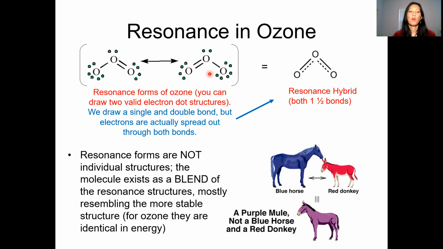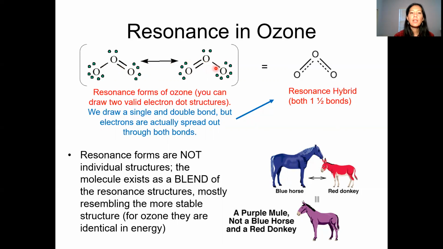The thing is, though, these actually don't exist. And I know that's a little hard to understand because I just drew it and they're valid Lewis dot structures. But remember the data that I just showed. We never see a single and a double bond. We never see one or the other. What we see is something in between.